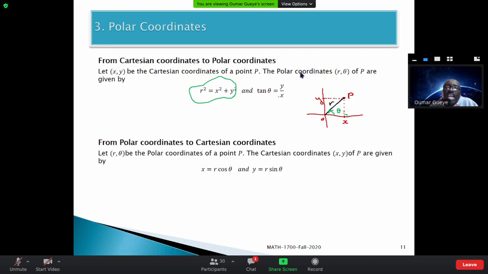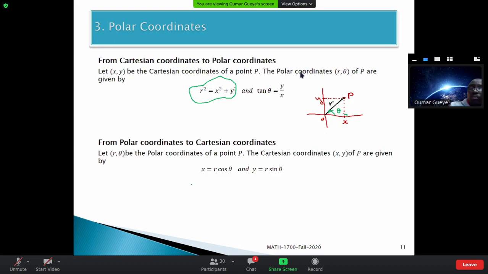Now when you want to get the angle theta, from here again, tan of theta is equal to the opposite side over the adjacent side in the right triangle. The opposite side is equal to Y and the adjacent side is equal to X, and you will exactly get this formula. So we'll see later how to use them.